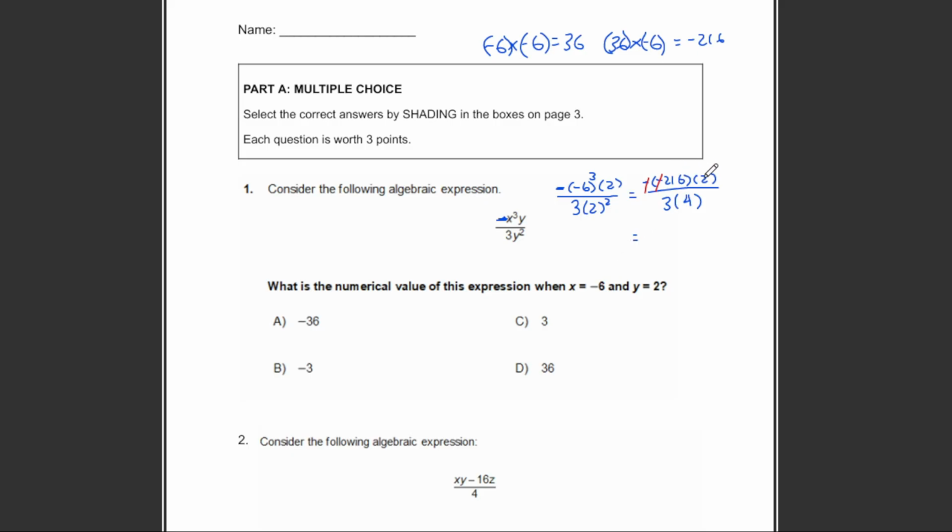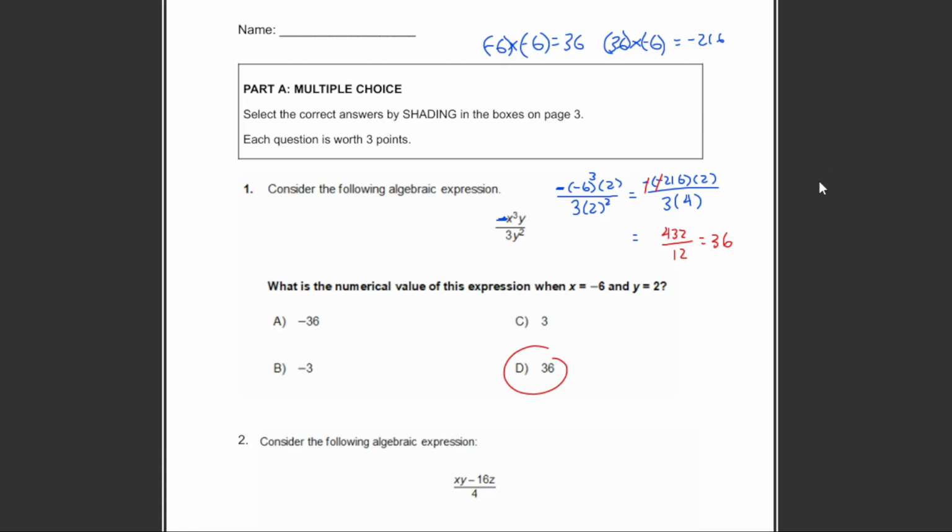And so 216 times 2 is going to be 432. In my denominator, I have 3 times 4, which is 12. Because I know a fraction is just a division, I just do 432 divided by 12. That equals 36. So I'm going to go to my answers here, and which one is 36? This one right here. I'm going to circle D.